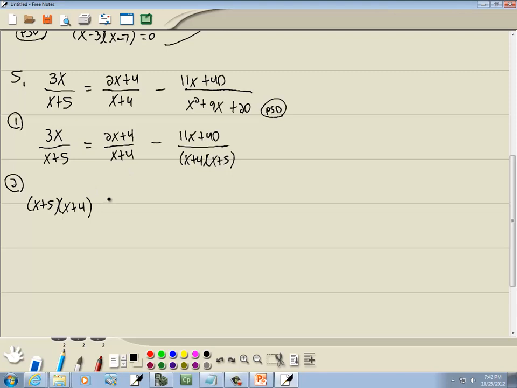And we'll multiply everything by this. So we'll multiply it times the first fraction. This is our LCM. Multiply it times our fraction on the right side. And we'll multiply it times this last fraction.